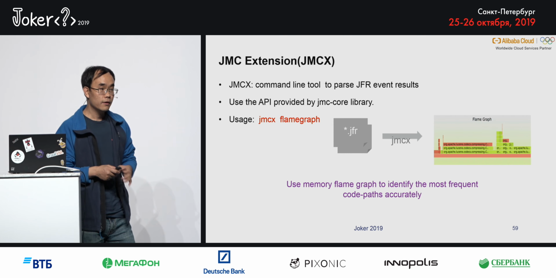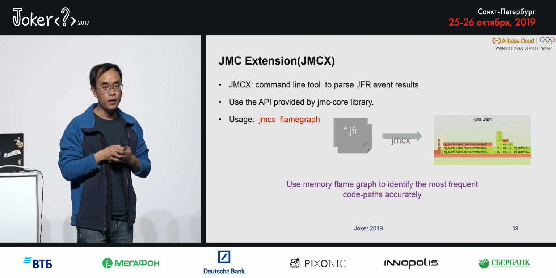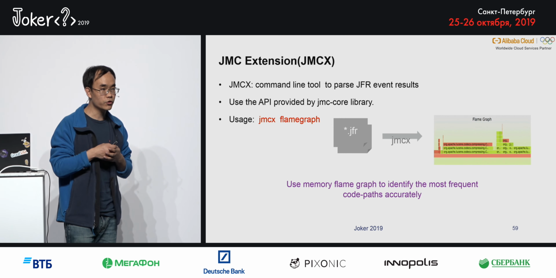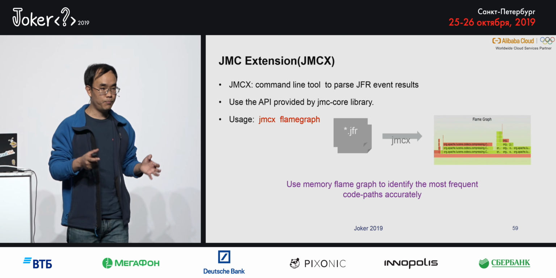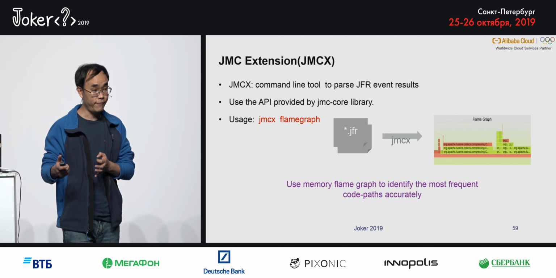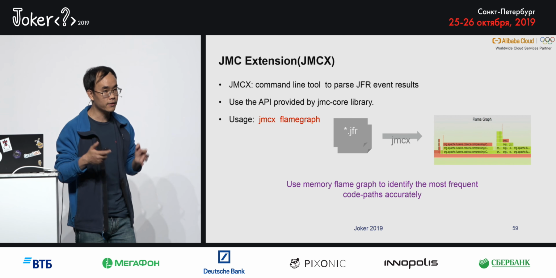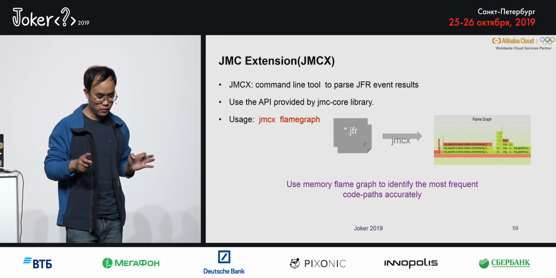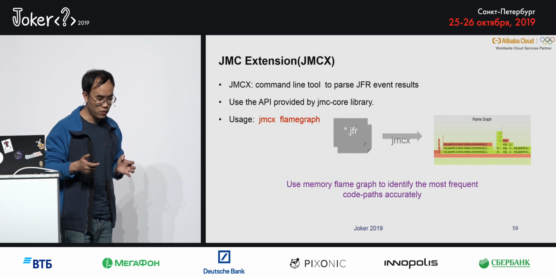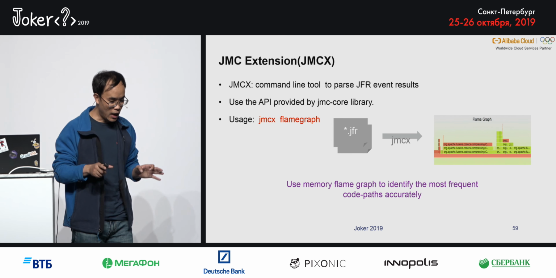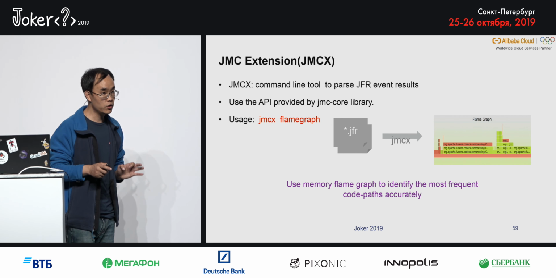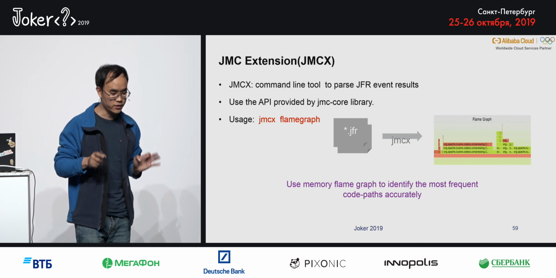So far we already have the GFR events, right? So the next question is, how can we display results to our developers? How can we easily tell our developers which method has consumed much more memory, allocated many more objects? In our situation, we just want to use flame graph to tell which method is hot for memory consumption.